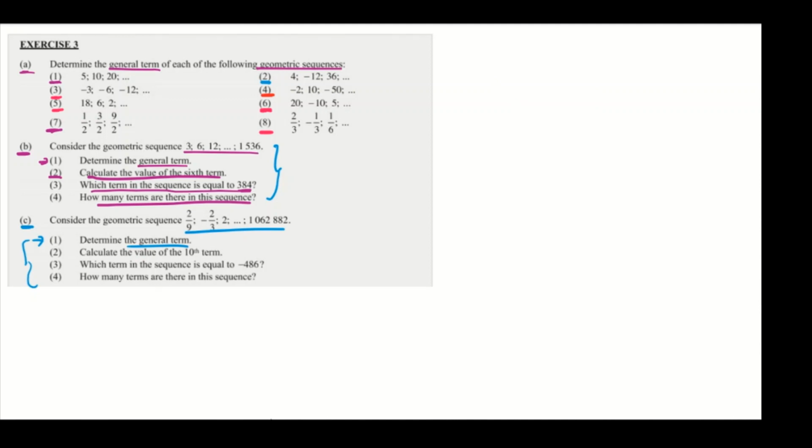Now, we have a geometric sequence of 2 over 9, minus 2 over 3, and 2, and it goes up to 1062882. The first part of the question is to find the general term of the sequence, which we are now familiar with.